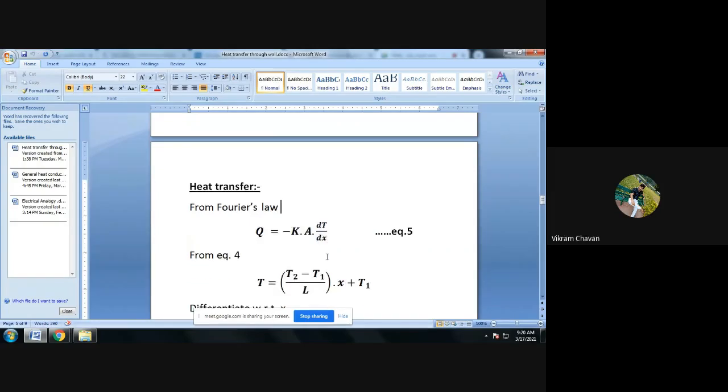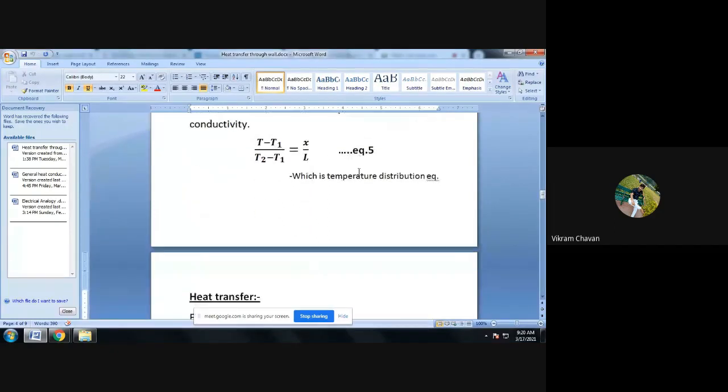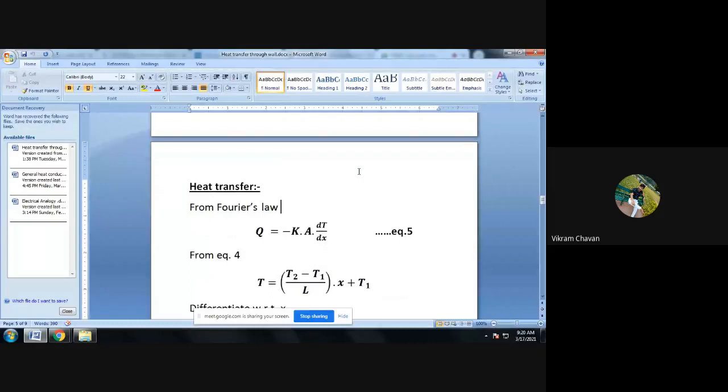So our equation number 4, which we have just discussed: T is equal to (T2 minus T1) divided by L multiplied by x plus T1. Once again we have to consider this equation, and to find out the dT divided by dx value, we have to differentiate this equation with respect to x.